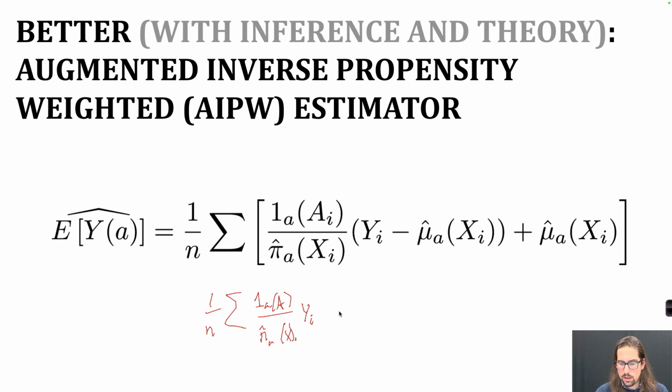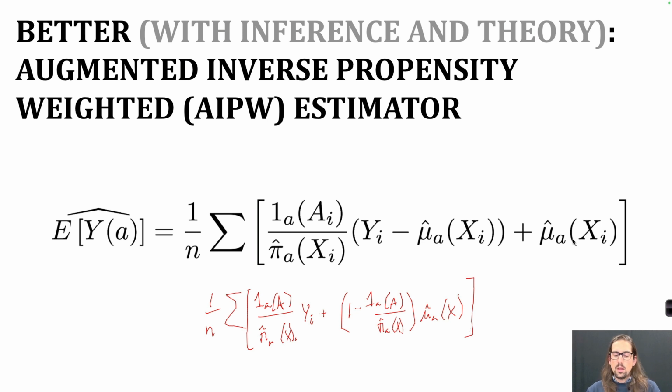So here I could instead write it like this, and then I'll have a plus. All right, I think this is right. Yeah, so this is the same thing. I just moved some terms around.